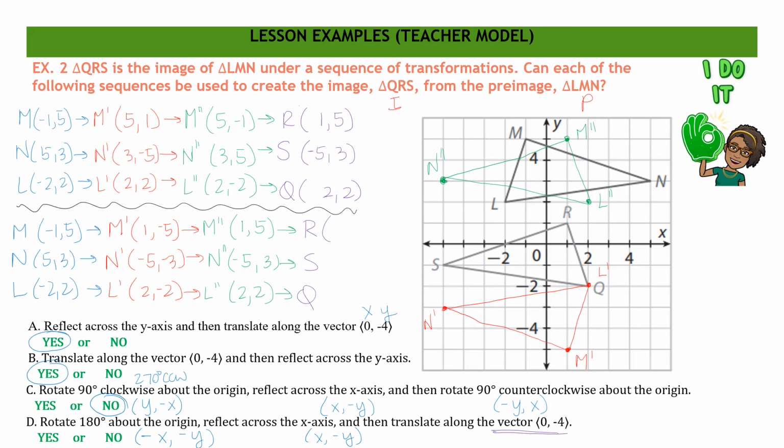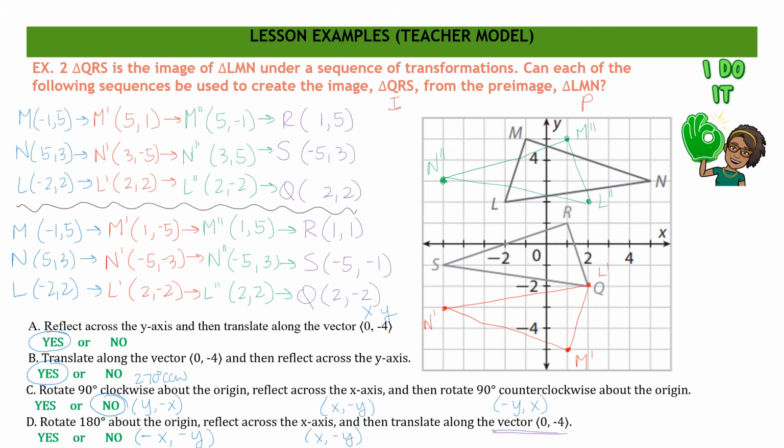So my x's, I'm not moving, so my x stays the same, but I am going to be moving down, subtracting 4 from my y. So 5 minus 4 gives me 1. My x stays the same. 3 minus 4 gives me a negative 1. My x stays the same. 2 minus 4 gives me a negative 2.